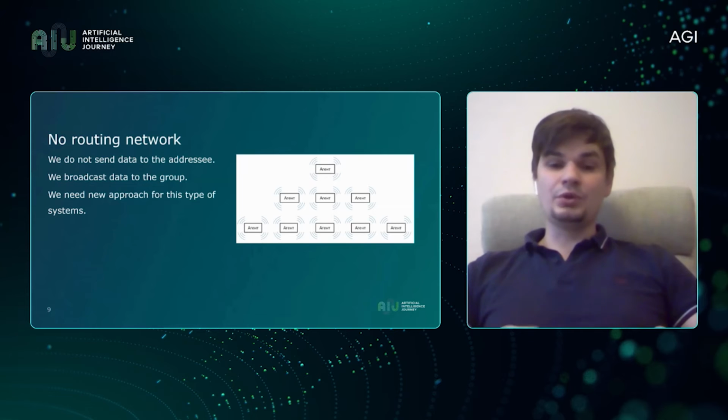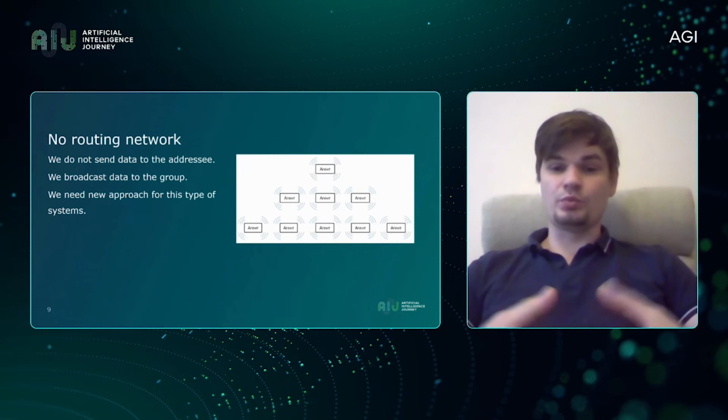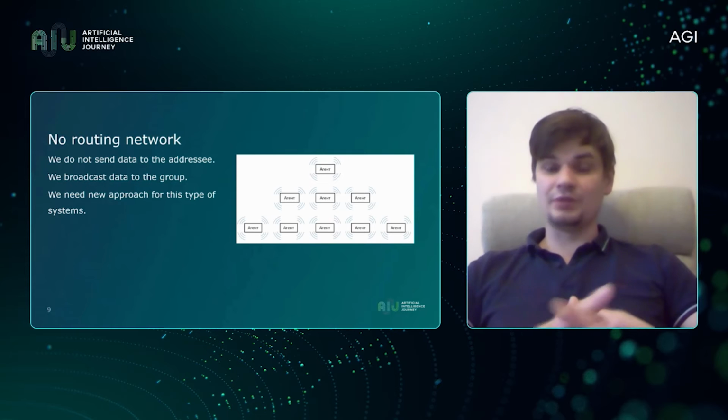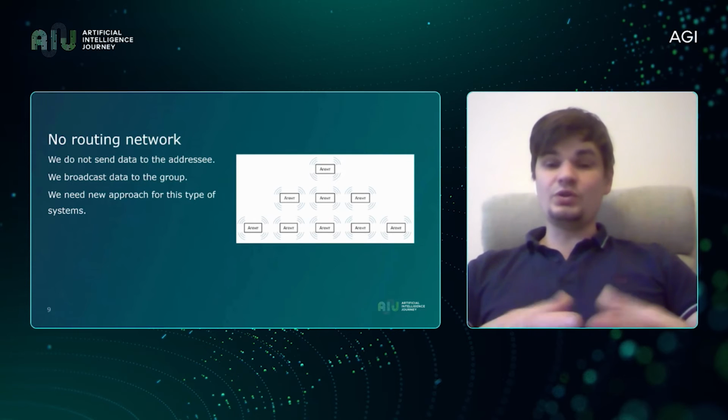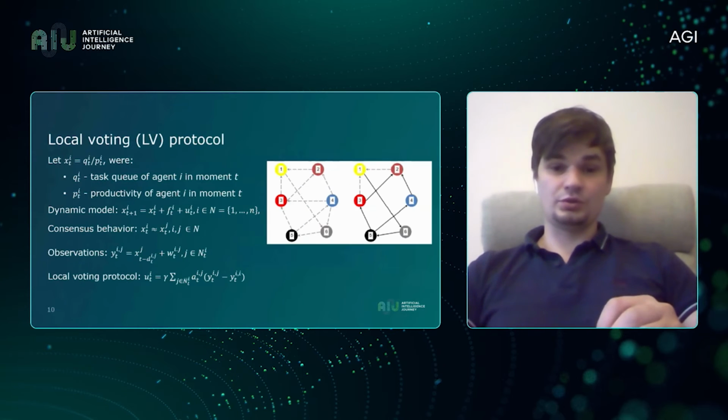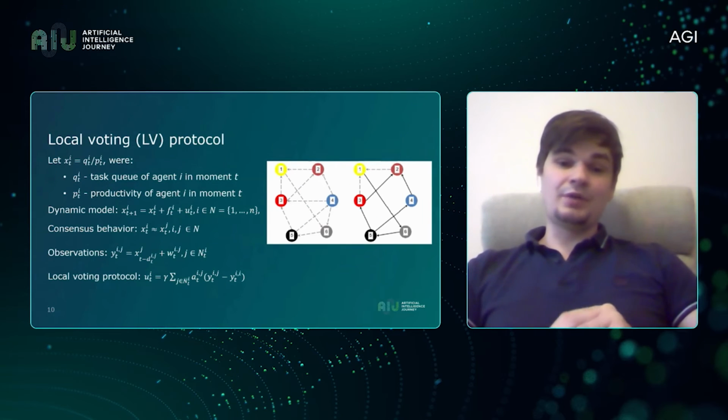All the other agents that receive this data, that see this data, actually take it and start analyzing it, and therefore draw certain conclusions about what the condition and the state of this or that agent is now, to make some management decisions for themselves on the basis of this information. And in this system, topology changes fast, and we are not guided by routing.